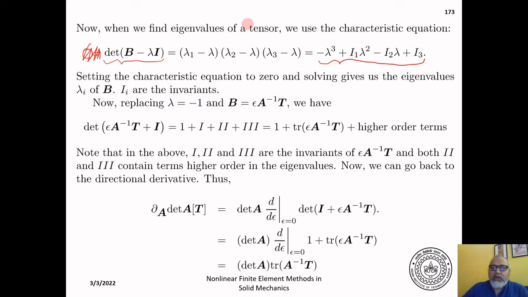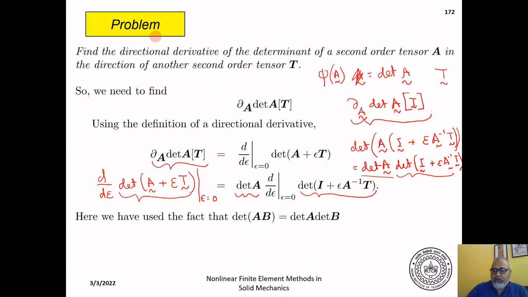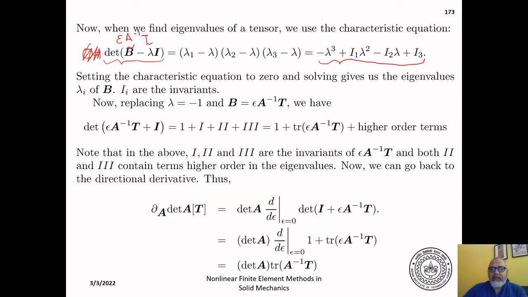And now we will just set lambda equal to -1 and B equal to epsilon A inverse T, which is what we had in the previous case. So this is what we will set it to, and then use this equation.